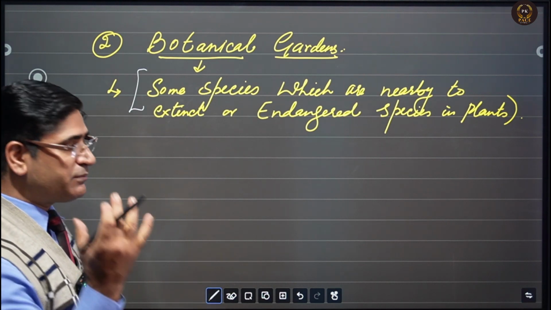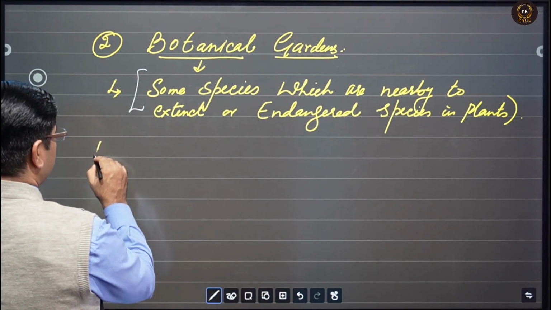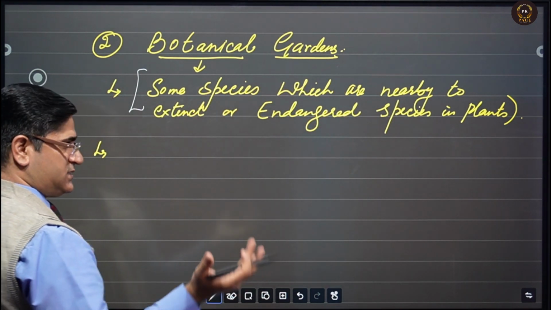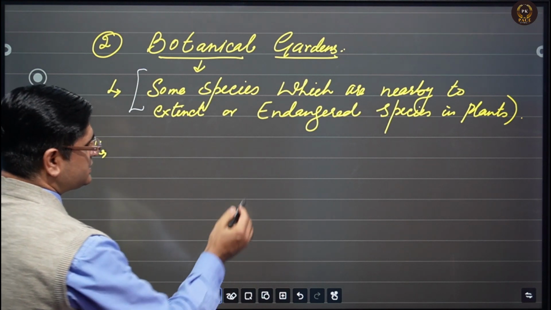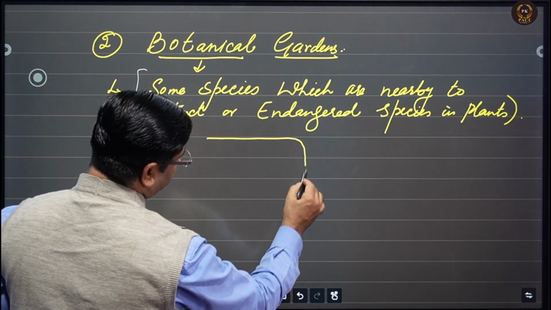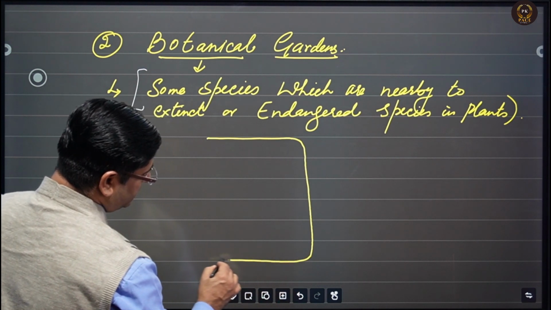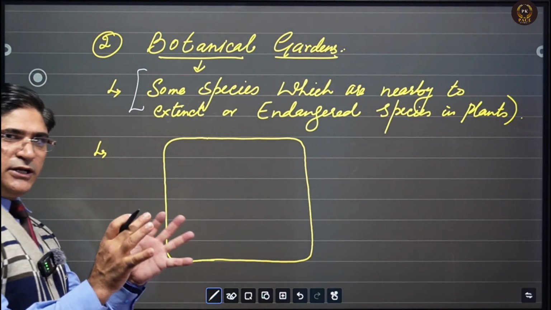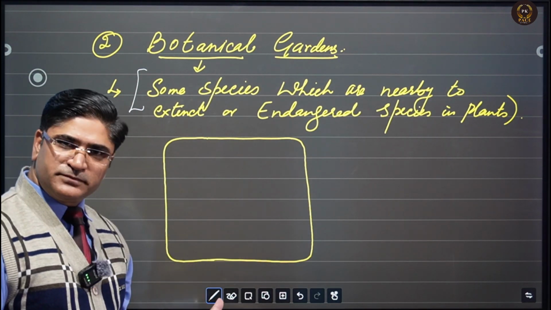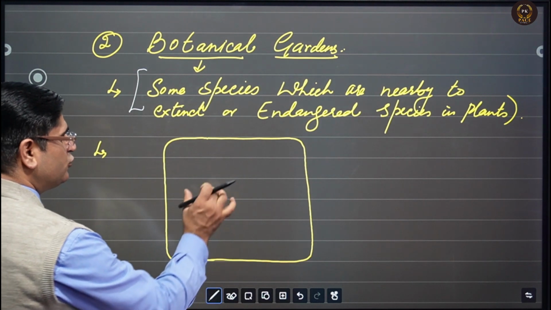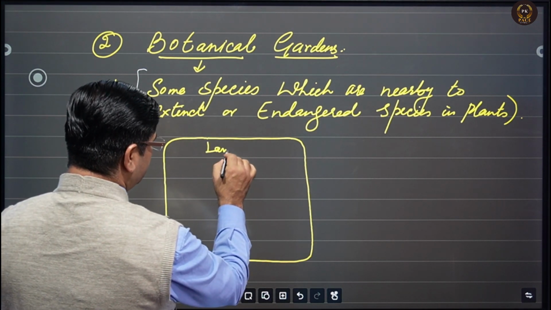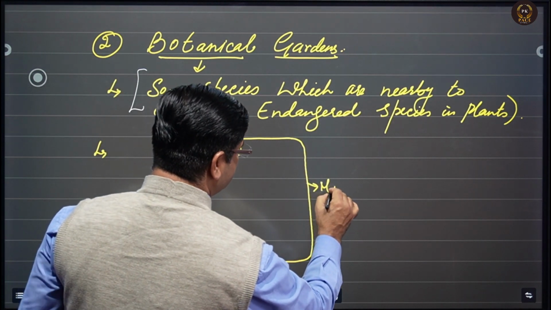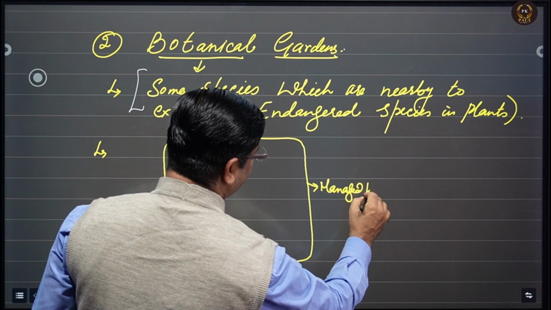Such species are being taken care of. Those species are taken from different areas and developed in a particular land. That particular part of the land is chosen so that it is under human control, properly managed by humans.